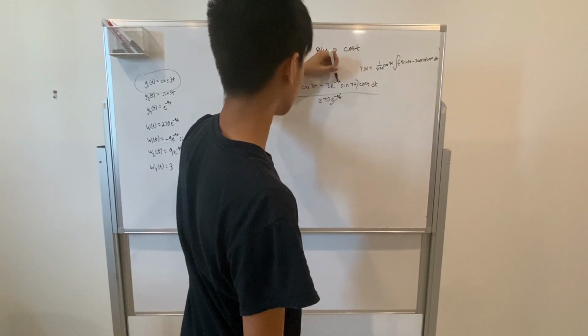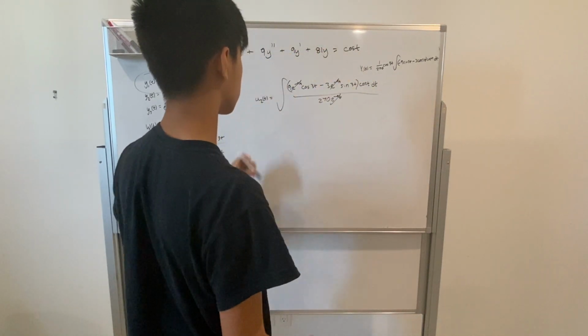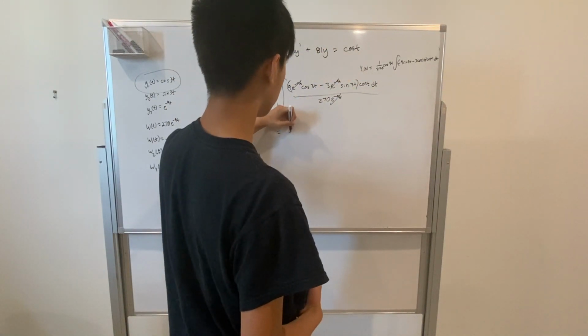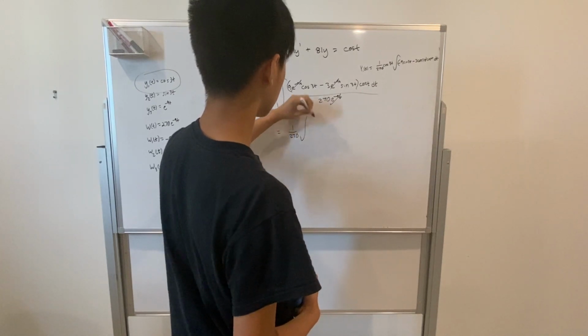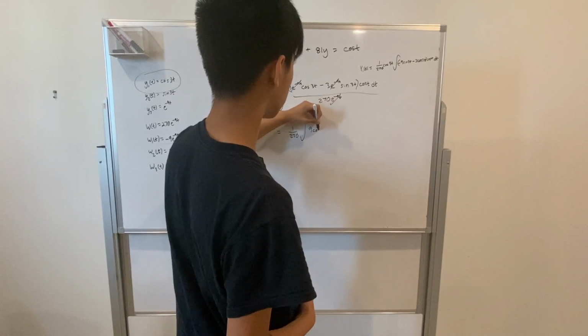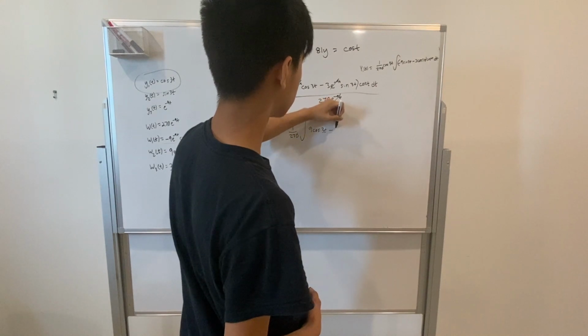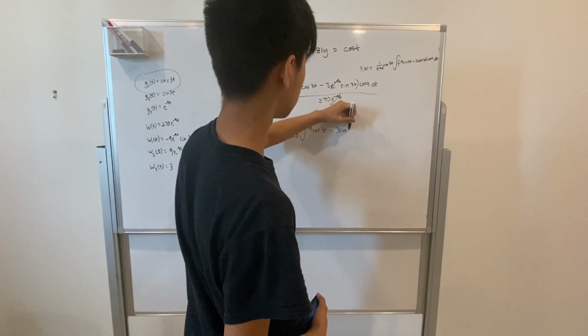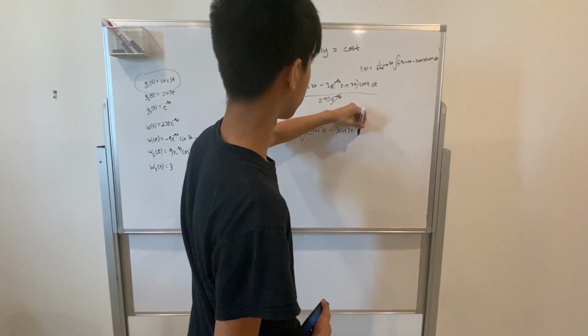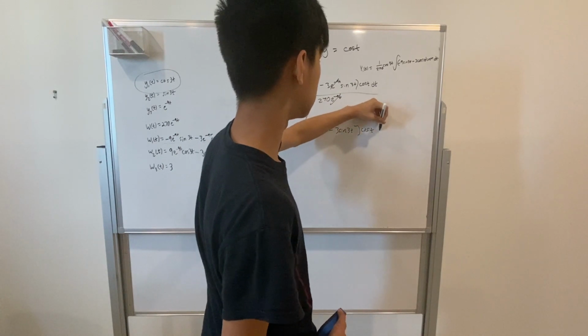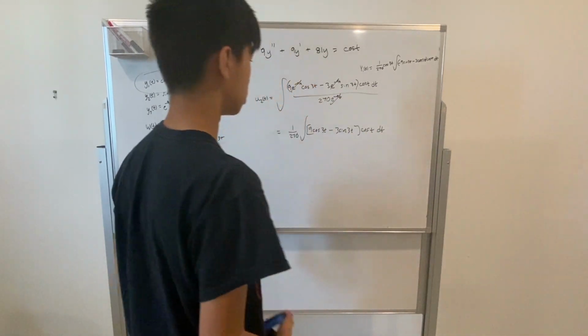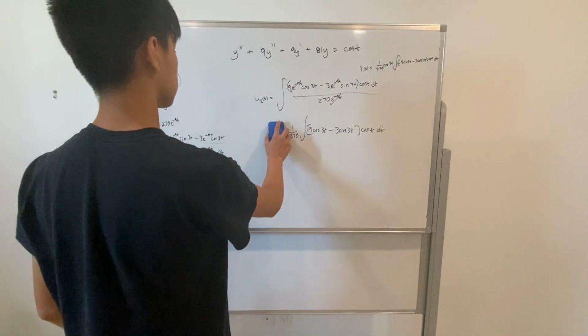You already know the drill, the exponentials cancel out, so we're left with 1 over 270 integral of 9 cosine 3t minus 3 sine 3t multiplied by cosine of t dt.